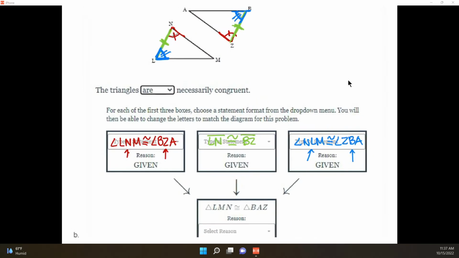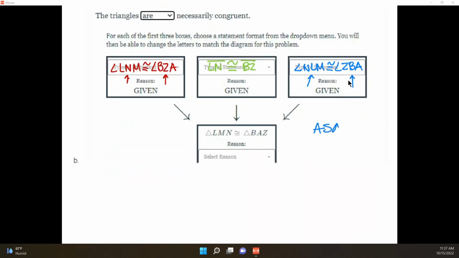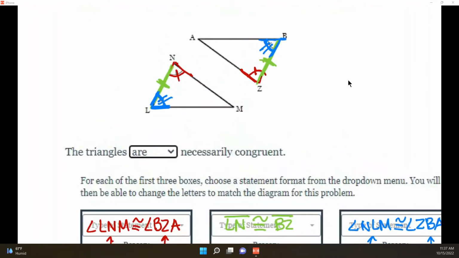All right, so you'll notice that I have two angles and one side. So the question is, is this angle, side, angle, or angle, angle, side? Pay attention to where the placement of the side is.